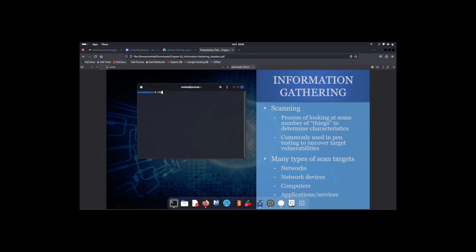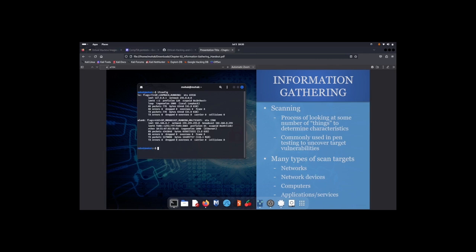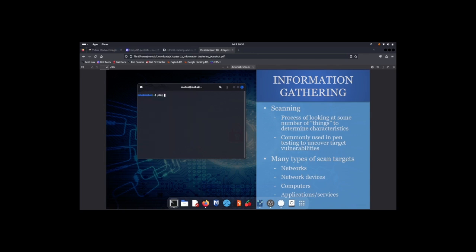Let's go for ifconfig. I have that particular address right now. So if I just ping it, I am pinging this particular address, and this is what it does.